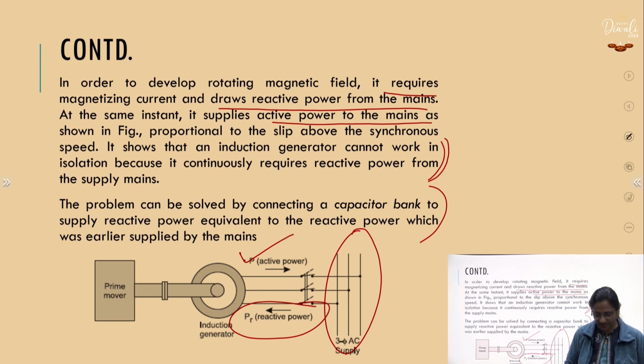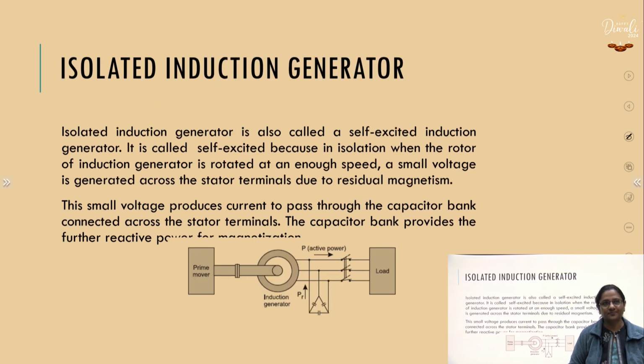So, connecting a capacitor bank across the stator terminals will serve the purpose of reactive power requirement for the establishment of air gap flux in the machine. So, let us now move to the isolated induction generators.